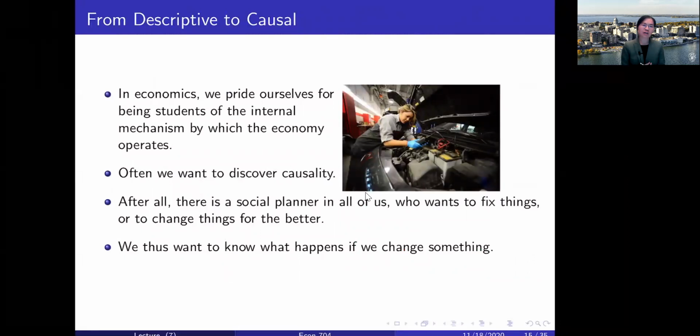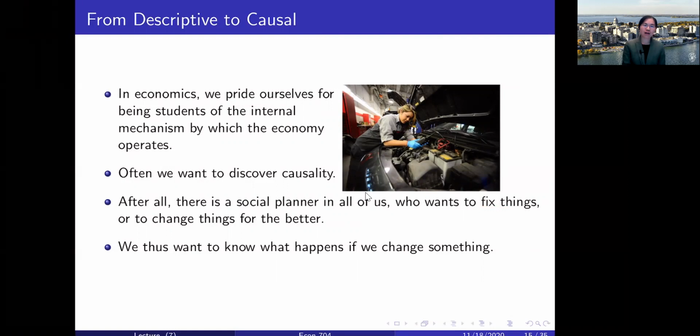However, that doesn't stop us from always trying to seek causal relationship. Or maybe that's because in economics, we pride ourselves as students of the internal mechanism by which the economy or economic agents operate. We often want to discover causality. So maybe because we want to fix things and we want to change things for the better.